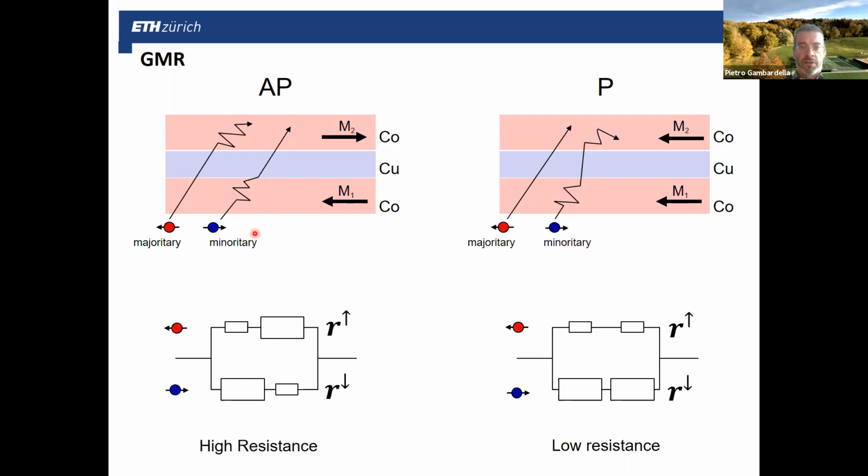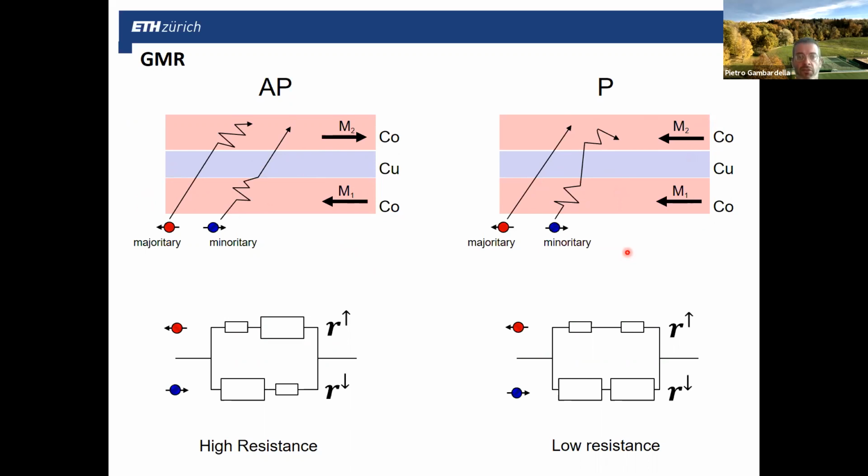And when electrons then travel from the one layer to the other, then this spin polarized current will be either blocked by the second ferromagnet that will act as a spin filter on the spin polarized current, depending on the sign of the spin polarization that is induced by the first ferromagnet, or will let most of the current pass if the two ferromagnets are aligned to each other.